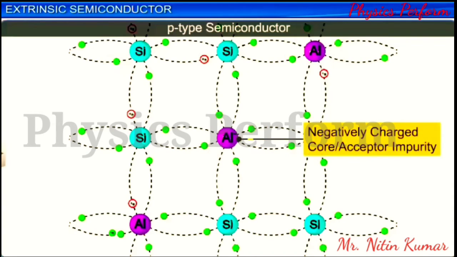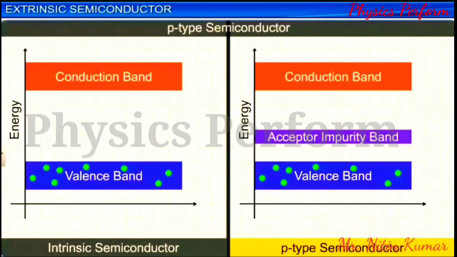A p-type semiconductor has an acceptor impurity energy band that lies just above the valence band. Thus, the free electrons can leave the valence band by covering a much smaller energy gap as compared to an intrinsic semiconductor.